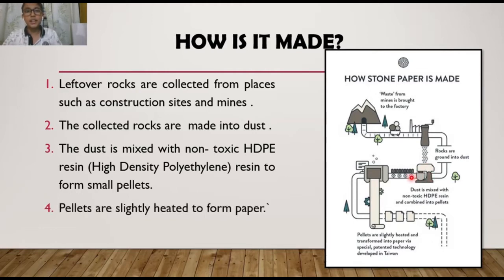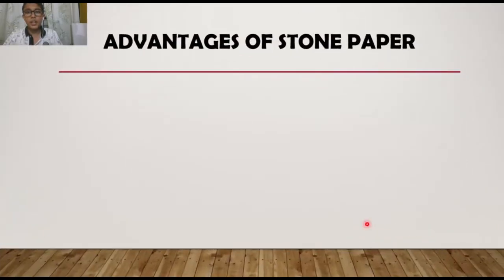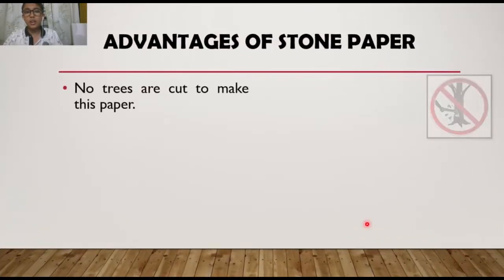These pellets are then slightly heated to get paper. Pellets are the main component of the paper. Therefore, old stone paper is first made into pellets to make new paper. The advantages of stone paper are that no trees are cut to make this paper, making it eco-friendly.